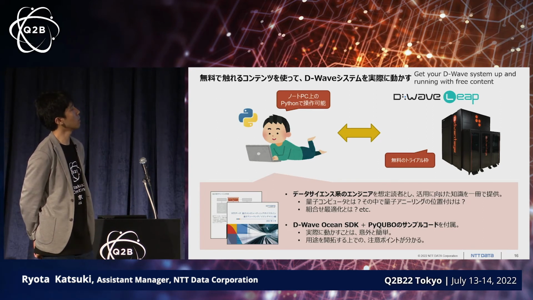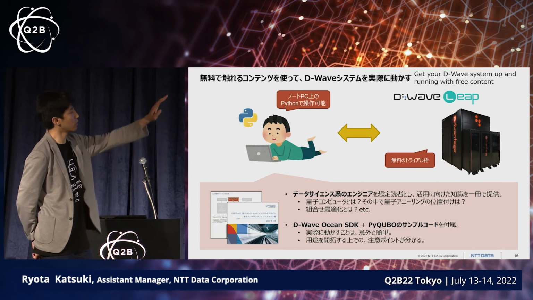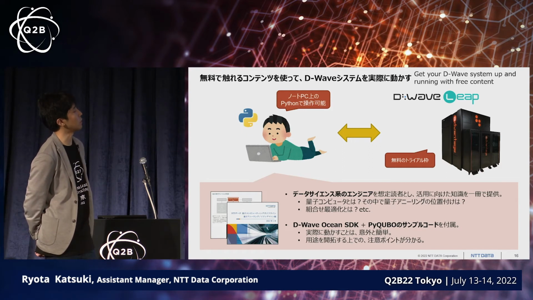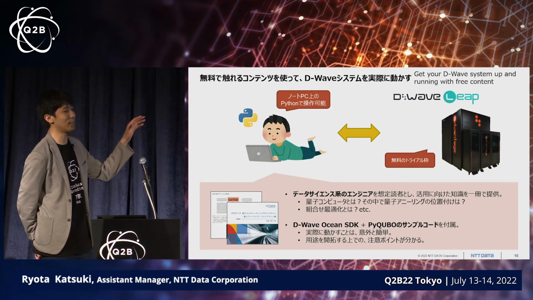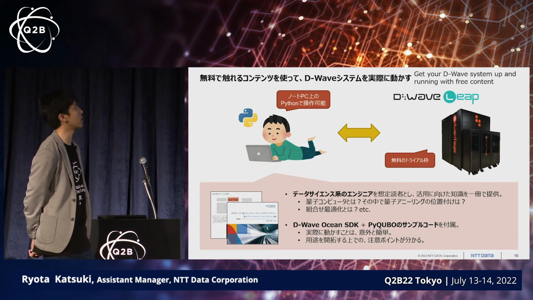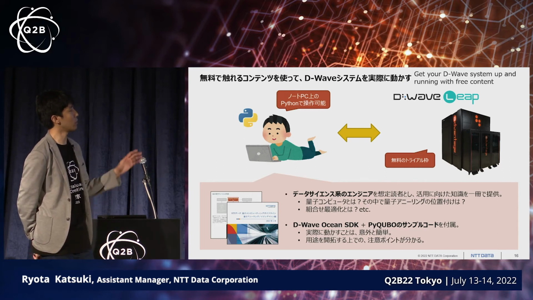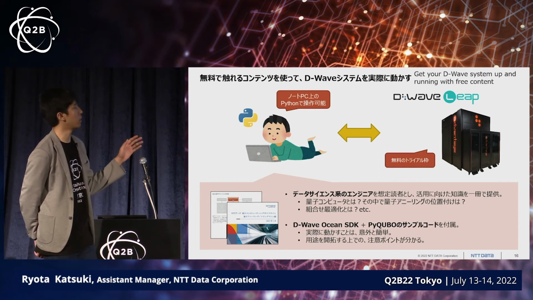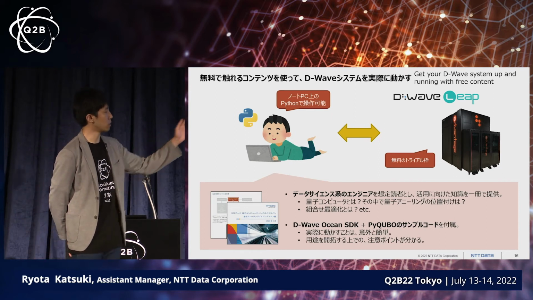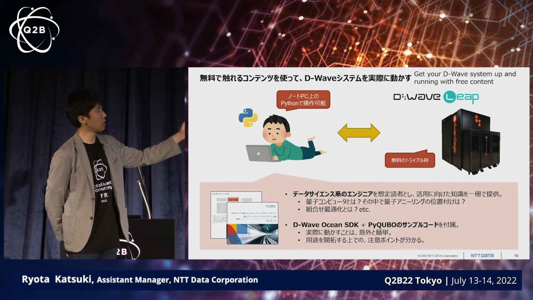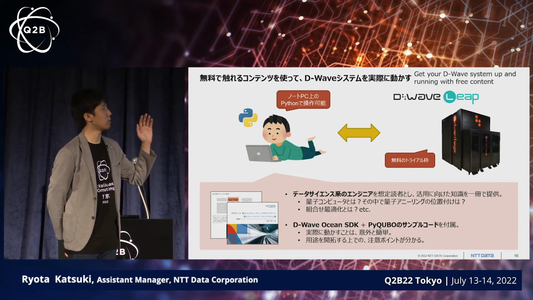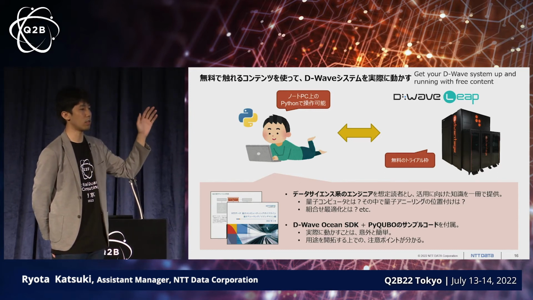So here's an example of how that can be used. D-Wave Leap has a free trial. And if you install Python on your PC, you can touch it. But still, you have to understand what combinatorial optimization is, so you can refer to these guidebooks.